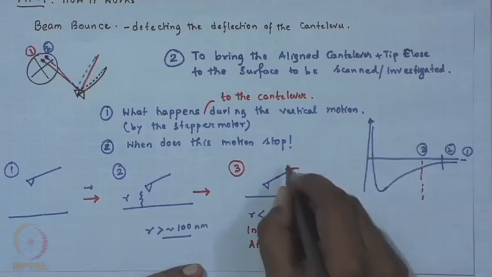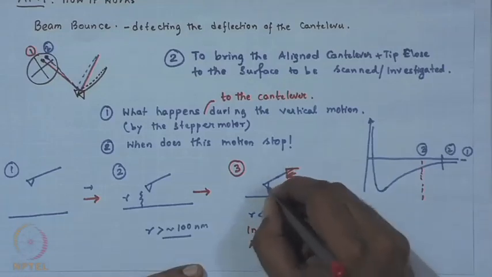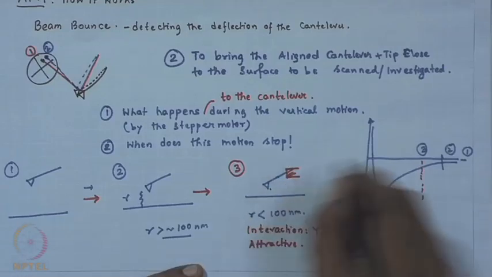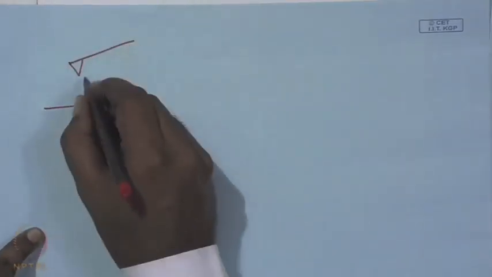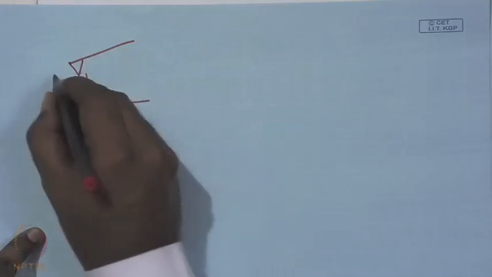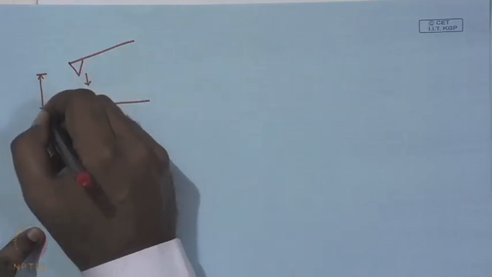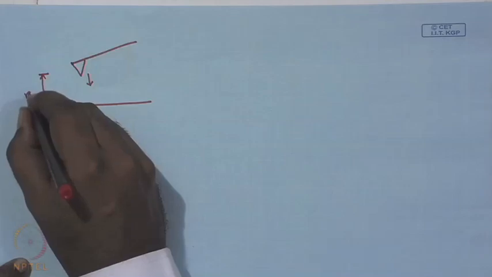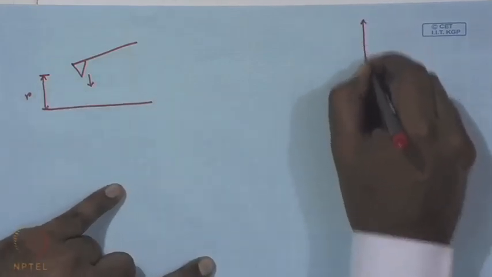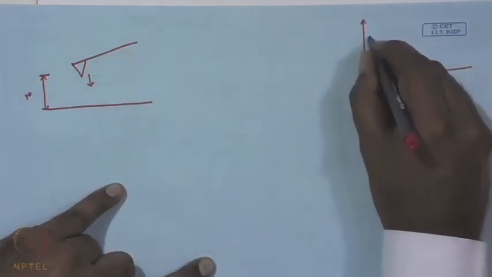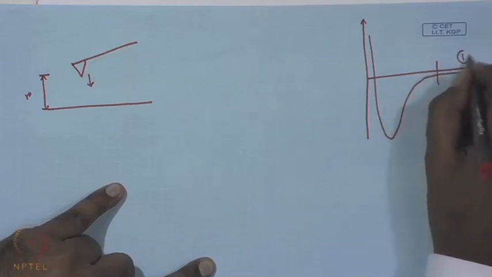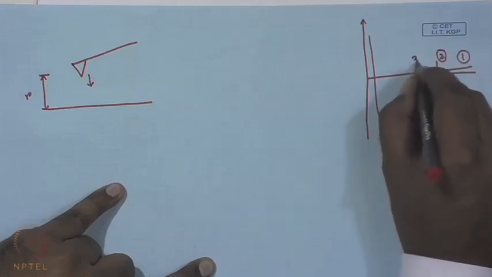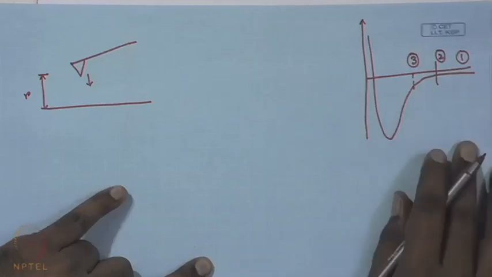And what is the likely consequence? Since this is hinged on one side, I will draw a blown up picture. So, now this feels an attraction. So, this R, first thing to realize, is somewhere over here, let us say.